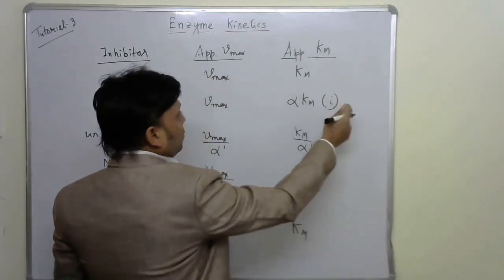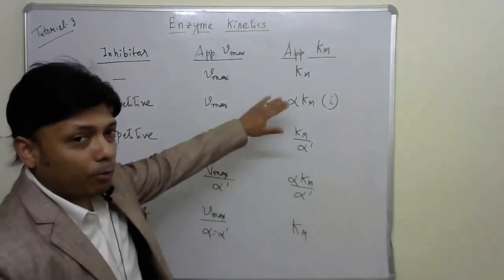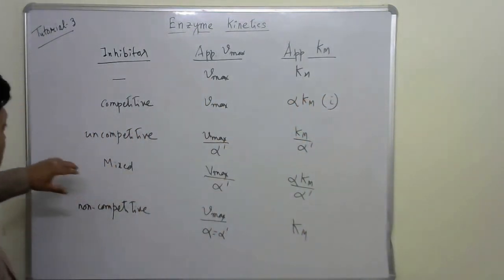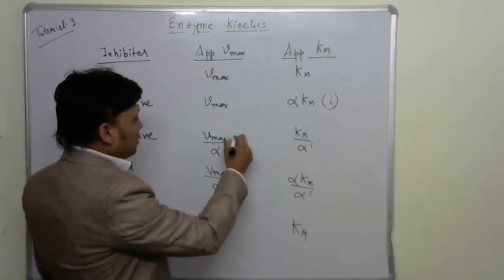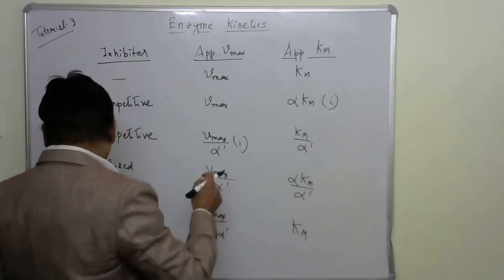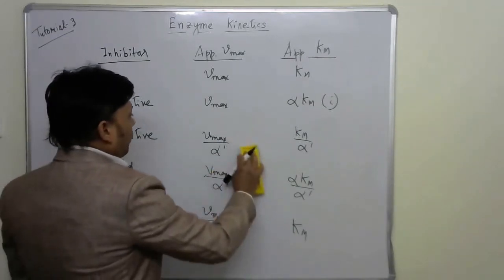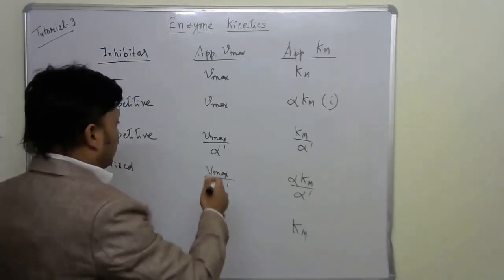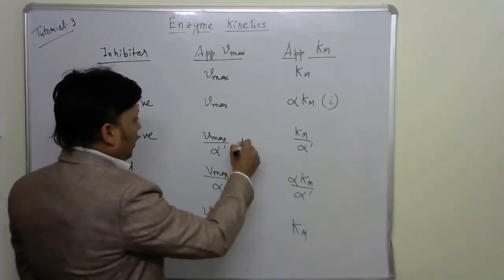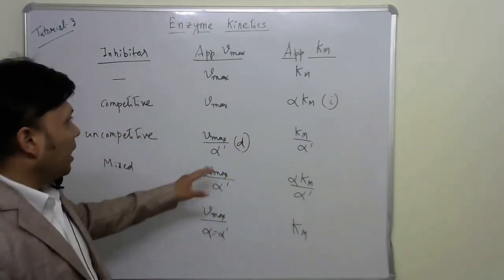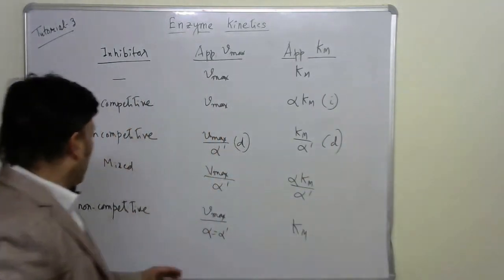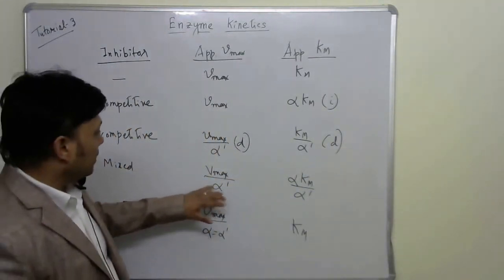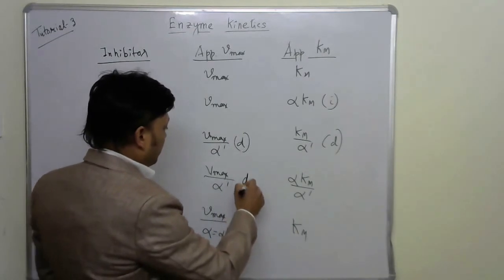I'm just going to write I here. So that means apparent Km increases. For uncompetitive inhibition, the apparent Vmax decreases, right? Yes, because alpha prime would increase in the denominator with increasing I. So I write D. And therefore apparent Km also decreases, isn't it? And for mixed inhibition, once again, the same thing here, it decreases.